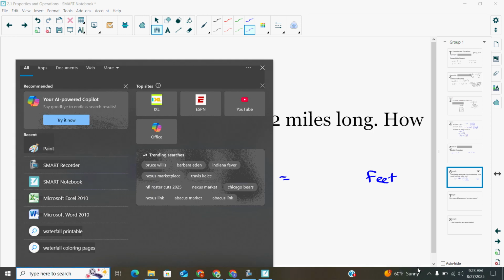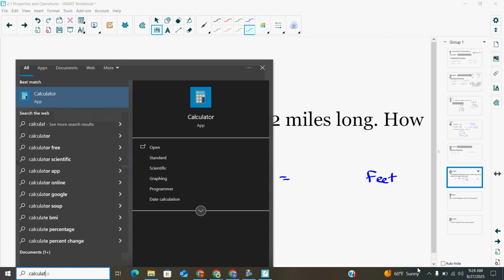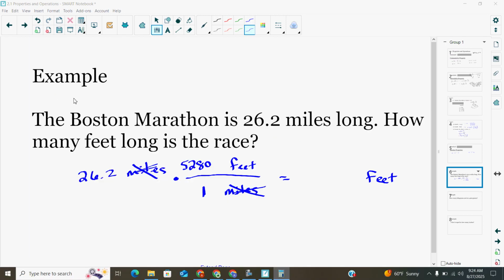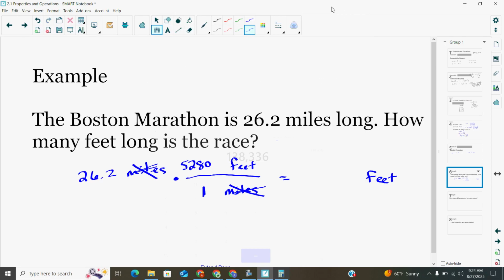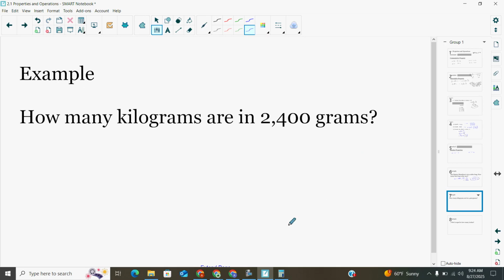Well, that'd probably be a calculator problem. 5,280 times 26.2 is 138,336 feet.